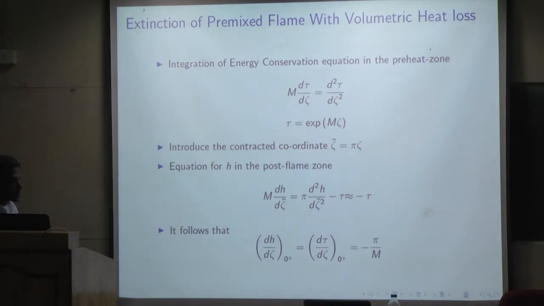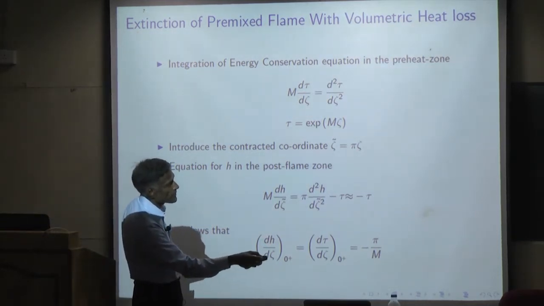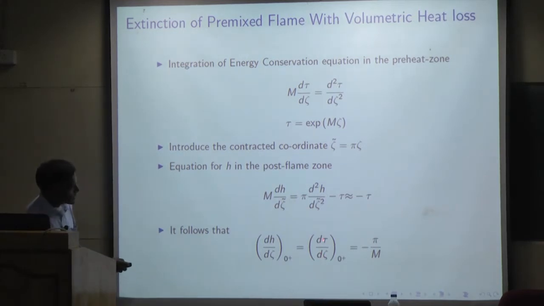This quantity h is given by this expression over here. Therefore, you can see that d tau is pi.